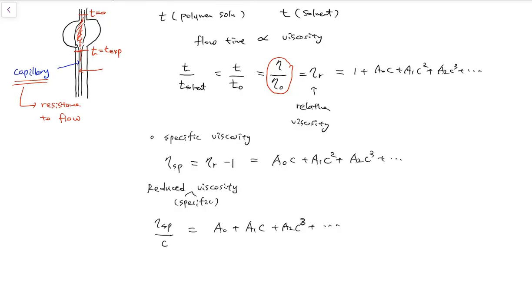There are a lot of terms, right? Specific viscosity, reduced viscosity, and intrinsic viscosity of a solution, which is defined as the reduced viscosity as concentration approaches 0. From here, it is equal to A0. So this is intrinsic viscosity.